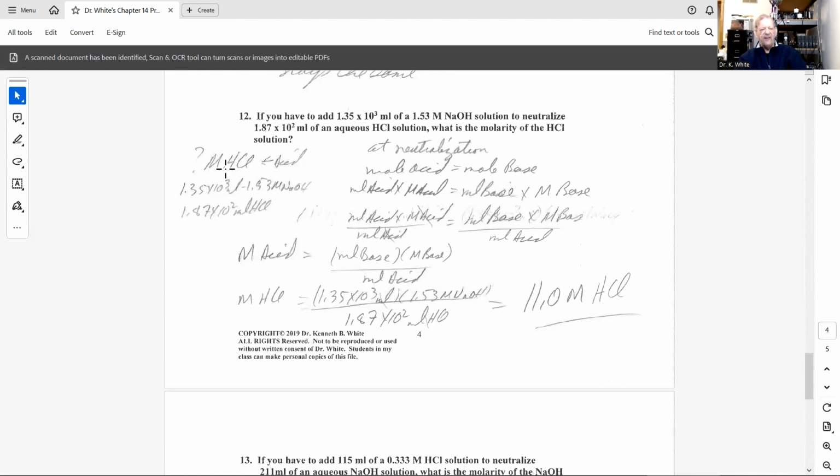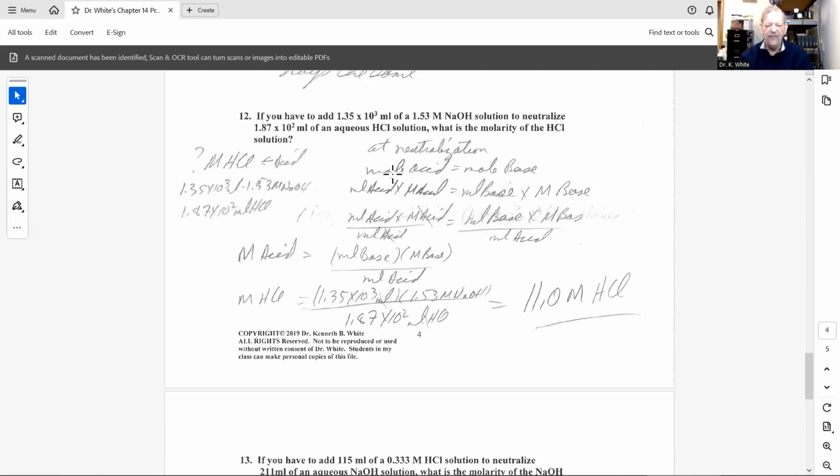So we're trying to find the molarity of HCl, which is an acid. We're given the milliliters of the base and its molarity. We're given the milliliters of the acid.